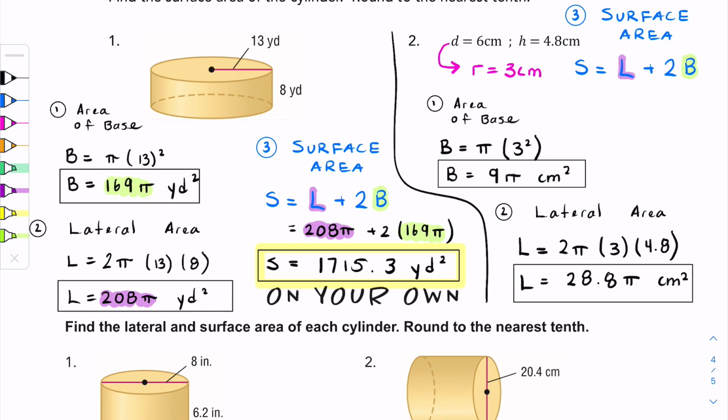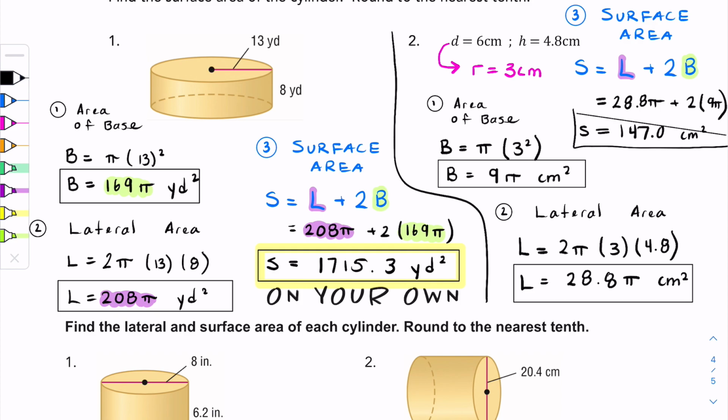Now the surface area is lateral area plus 2 times the area of the base. The lateral area is 28.8 pi plus 2 times 9 pi. Type this into your calculator, round to the nearest tenth. My final answer is 147.0 square centimeters for your final answer.